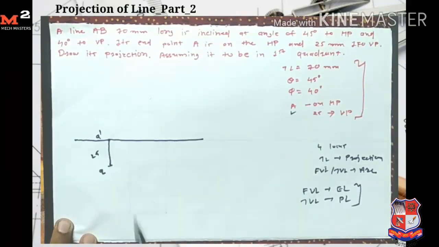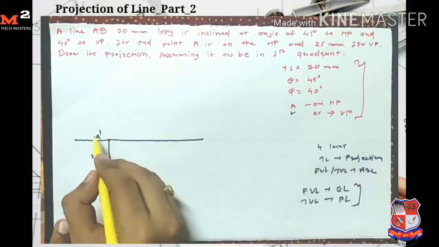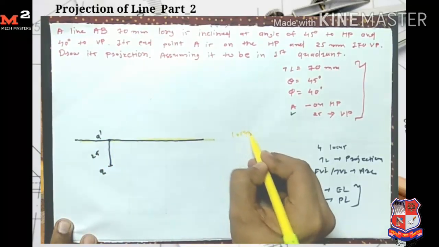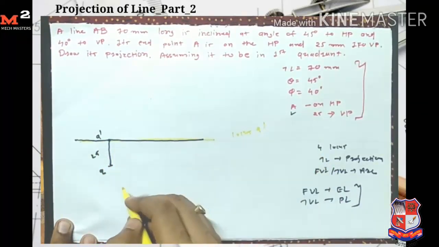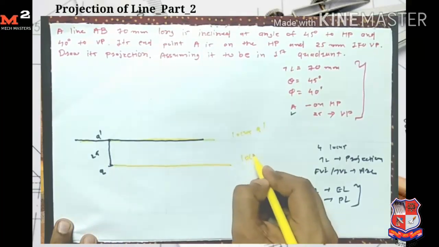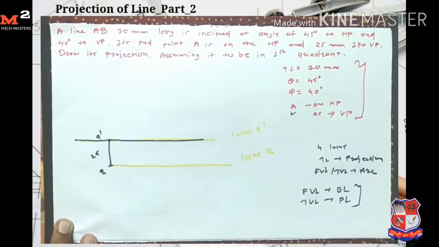Now we need to find the 4 loci. I get my first locus here, this is the locus of A dash, and the second locus is this one, the locus of A.